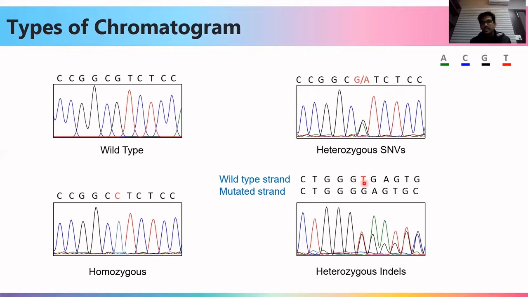Due to the deletion, all the nucleotides have shifted one position before. That's why at this position, from T to G, you can see two peaks, one red and one black. Similarly, at the second position there will be two peaks for G and A, and so on. In this way, you can comprehend the different types of indels by chromatogram.